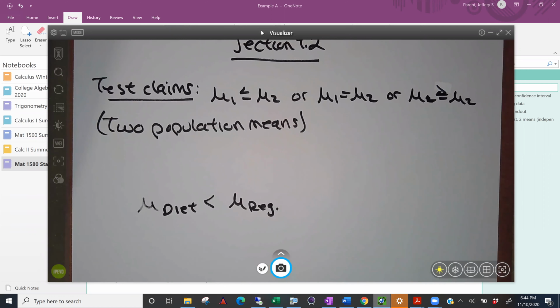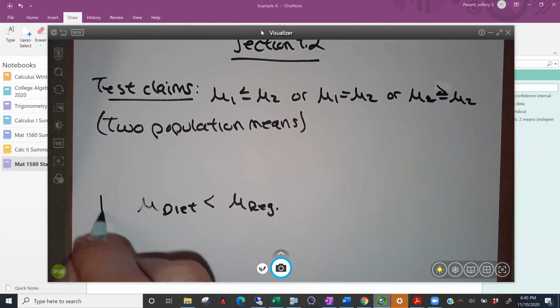Now, is this part of my null or alternative hypothesis? Which one? Amber, which one's that going to be part of? I think null. What has to always be part of the null? Equal? Yeah. Is there any equal possibility here?